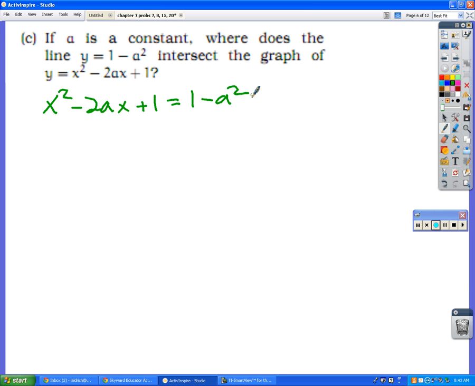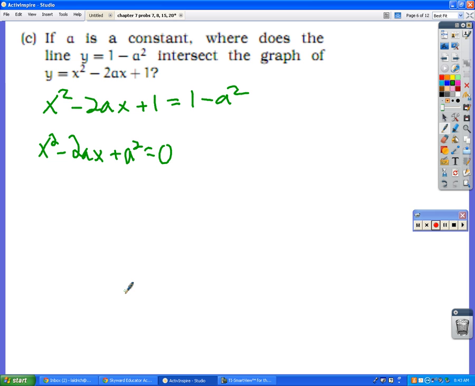What do we do now? Get it all on one side. So x squared minus 2ax, the 1 and the 1 cancel, and then when I bring the negative a squared over here, it will be positive a squared, which equals 0.